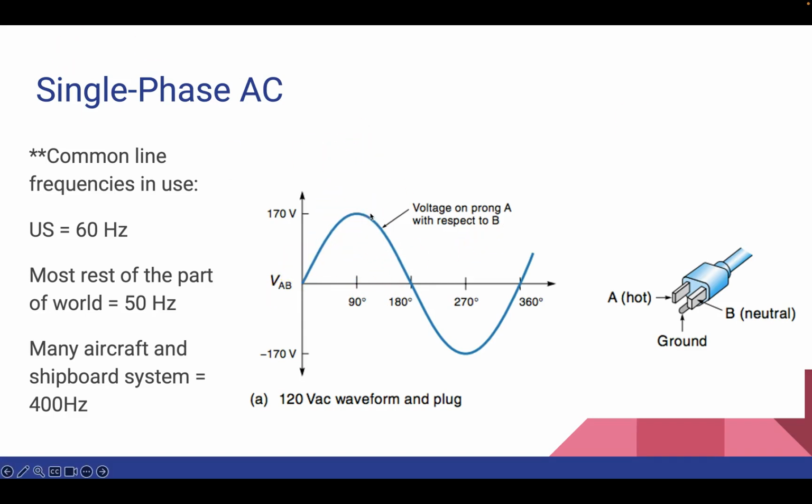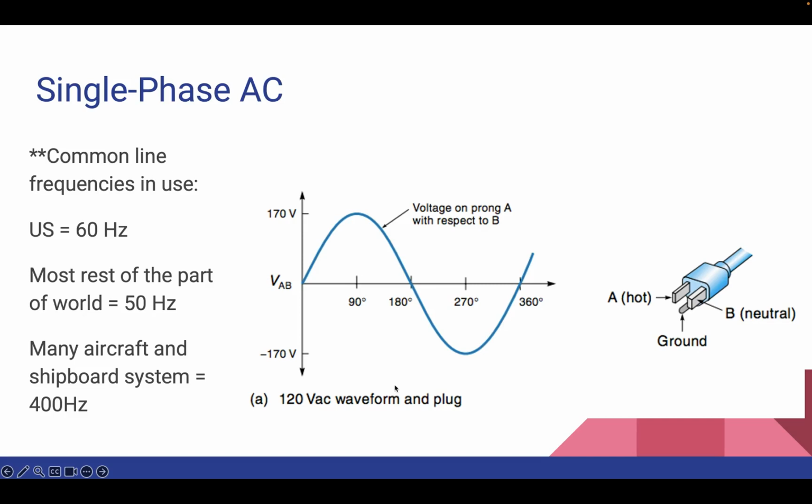At the middle point of the cycle, which is 180 degrees, there is no voltage difference between prong A and prong B. However, during the second half of the cycle, prong A becomes negative with respect to prong B.